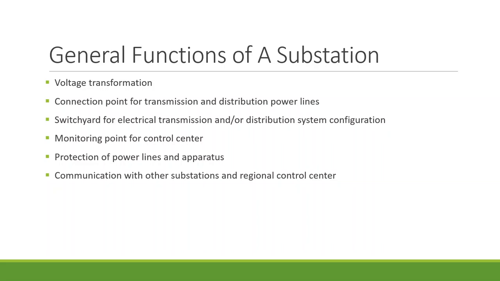Already we discussed that. Then connection point for transmission and distribution power lines, switch yard for electrical transmission and distribution system configuration, monitoring points for control center, protection of power lines and apparatus, communication with other substations and regional control center. So these are basically the functions of a substation.